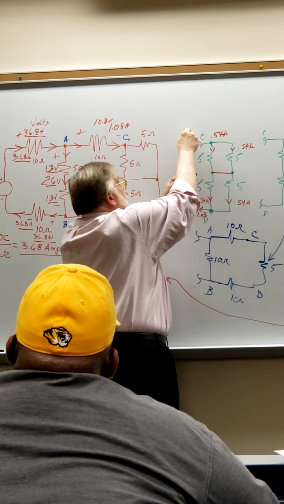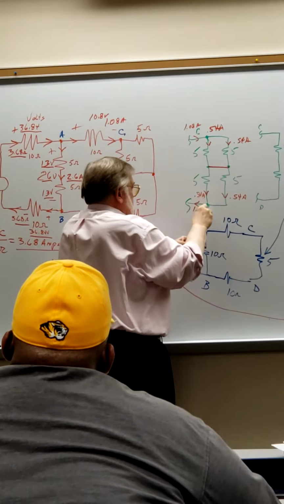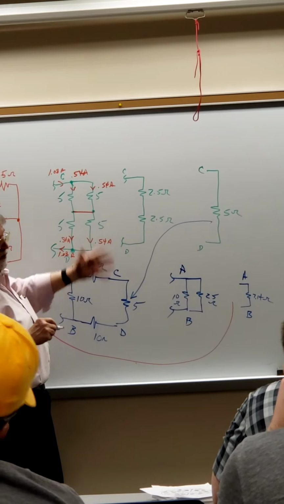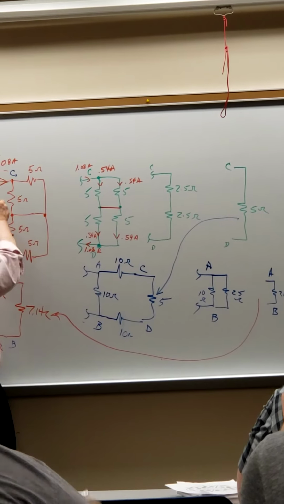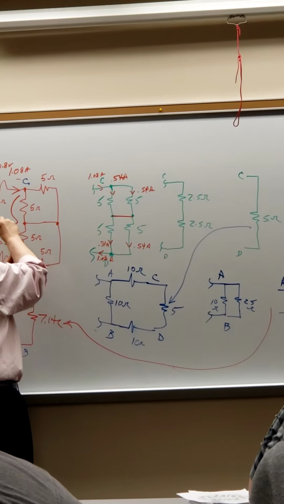Go in as 1.08 amps. And that's what this says here. So what's the voltage on this? Well, I can take 1.08, which is the current through it, and stick it through 5 ohms and I get 5.4 volts. So this whole thing here, from here to here, is 5.4.